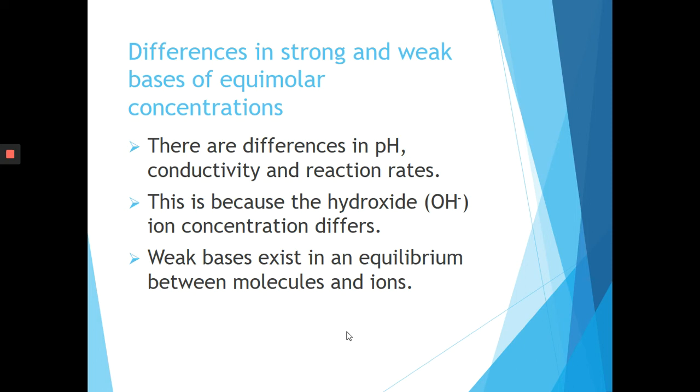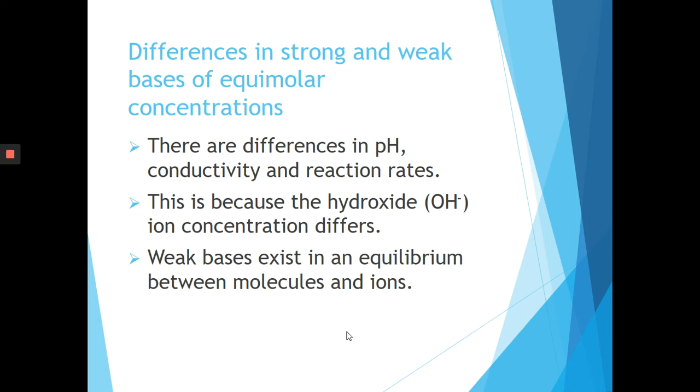There are more hydrogen ions in the weak base. Right, it might have been easier to say pOH, the differences in the pOH. In terms of the pH scale, it's easier to talk about the hydrogens. So, pH, we're going to have more hydrogen ions in a weak base.